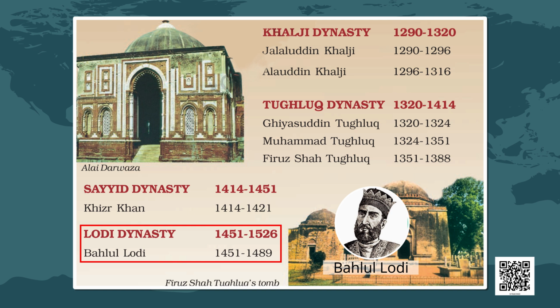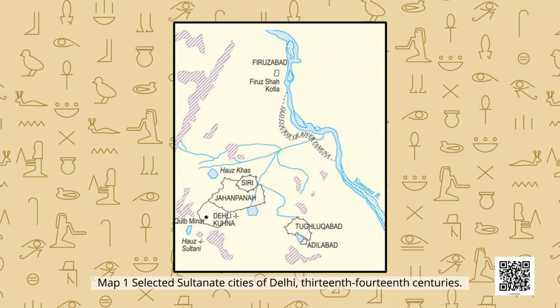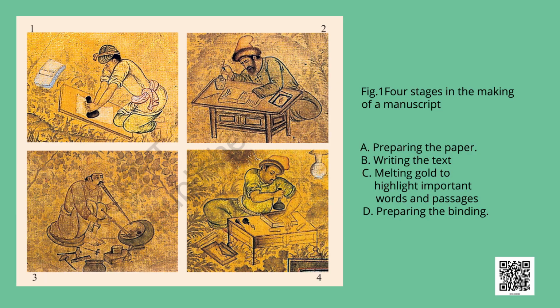So students, the Delhi Sultans built many cities in the area that we now know as Delhi. Look at map 1 and locate Delhi, Kuhna, Siri and Jahanpanah. So students, our next topic is finding out about the Delhi Sultans.